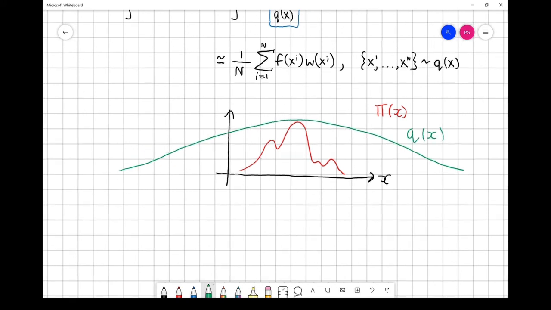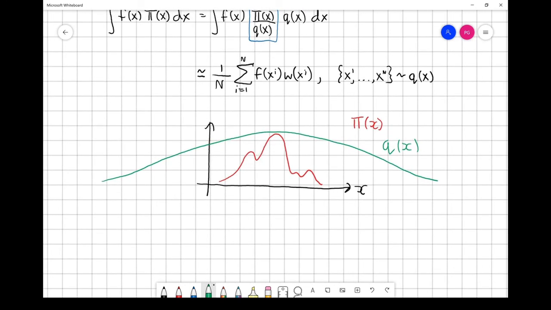Then what could happen is that our Monte Carlo estimate is dominated by very few samples. Let's say we generate some samples from Q and they land here. Then for these samples, pi of x is pretty much equal to 0, and so the weights associated with these samples will be essentially 0, and they won't appear significantly in this summation.